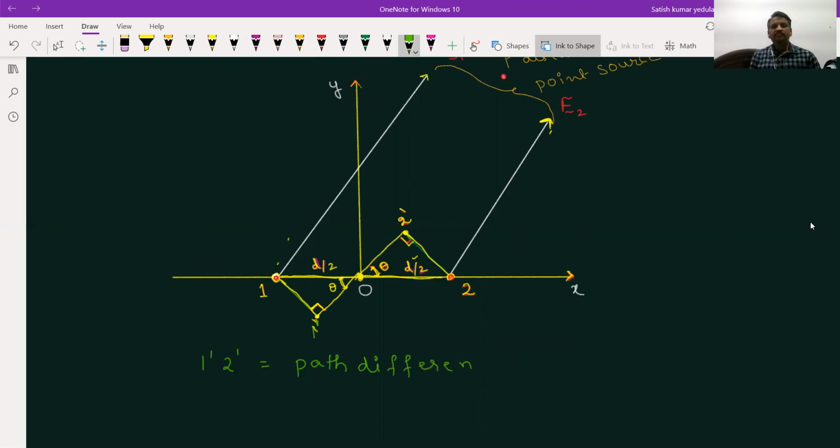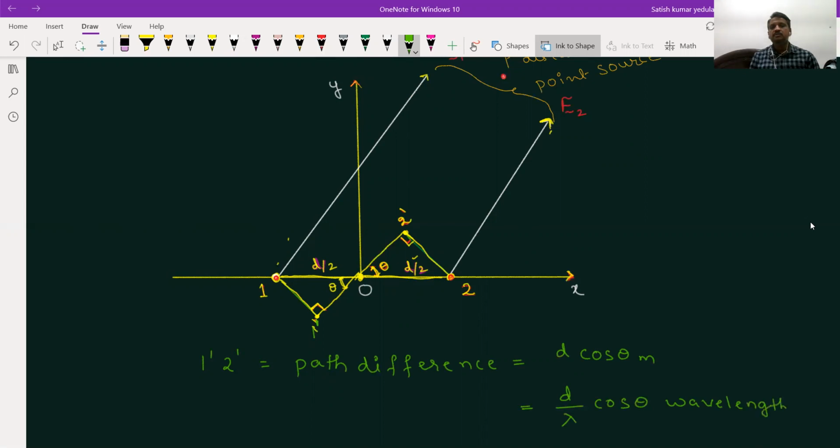and that path difference we have already got as d by 2 cos theta plus d by 2 cos theta, but this is in meters and we expressed that in terms of lambda as d by lambda cos theta wavelengths.